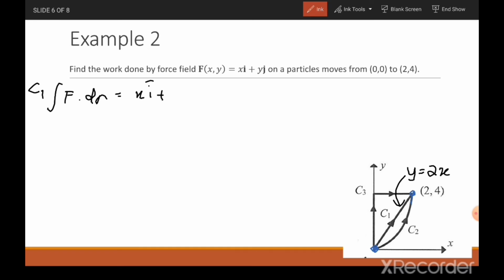So now we have xi, then y we convert to become 2xj.